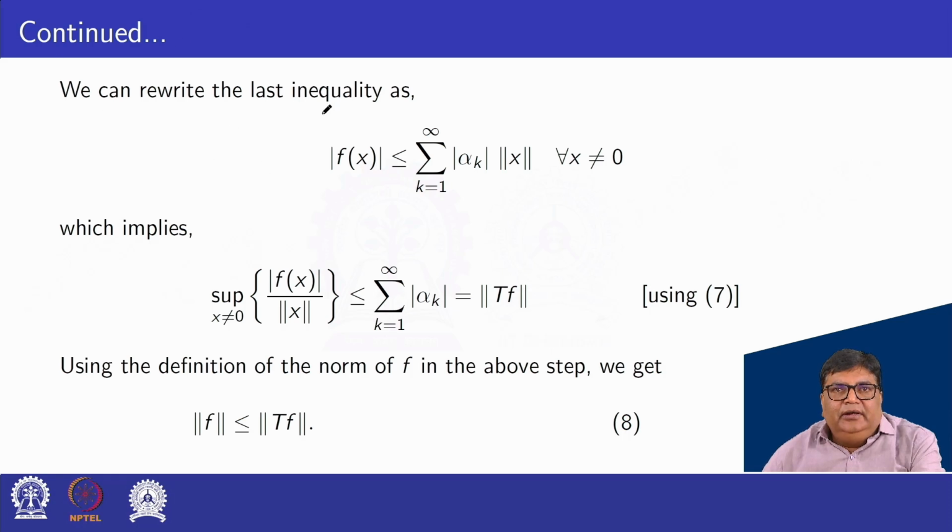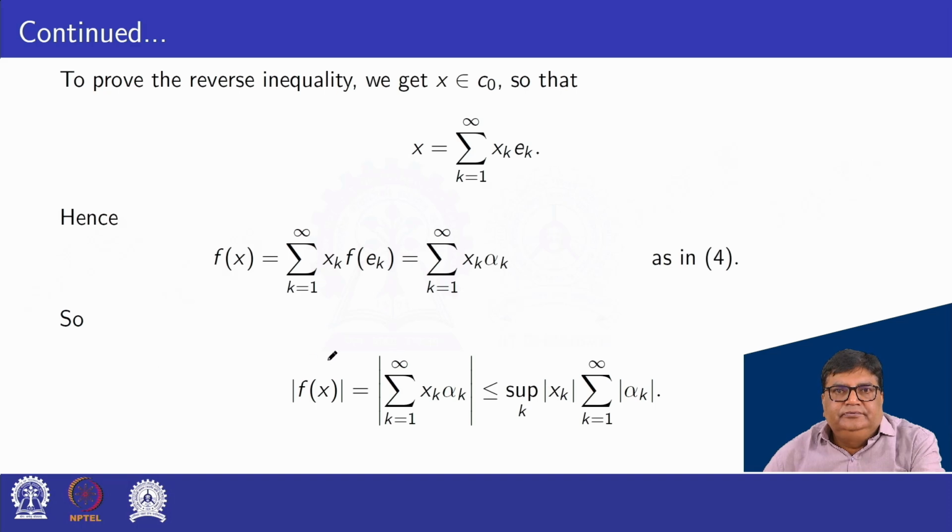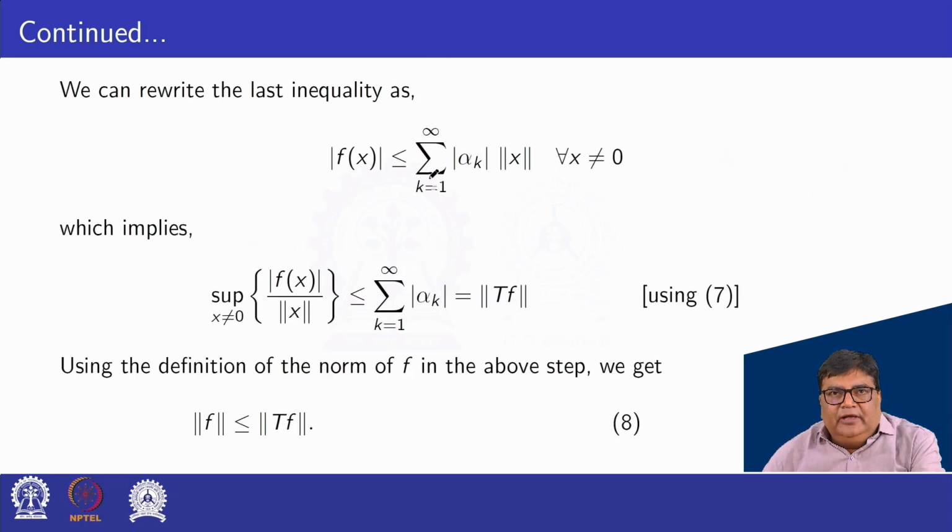We can rewrite the last inequality as follows: mod of f x is less or equal to, with the supremum being the norm of x because x belongs to C0, the summation k equal to 1 to infinity of mod alpha k times the norm of x. Dividing by the norm of x on both sides, the supremum over x not equal to 0 of mod f x upon norm x is less or equal to the summation k equal to 1 to infinity of mod alpha k.